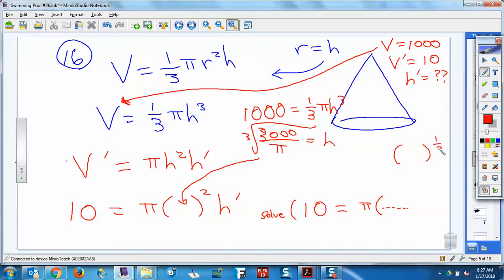Also, you can just raise it to the 1/3 power. So you get this decimal squared, and then times x. Obviously, you don't have an h prime on your calculator, but just call it x and do a solve, and let it do the work. But anyway, solve it, and then the answer for h prime, according to my book, is.